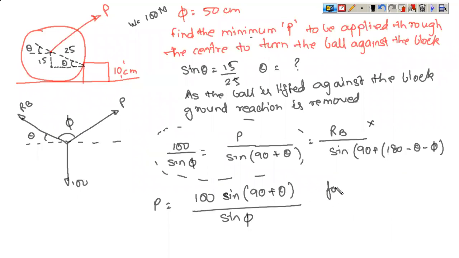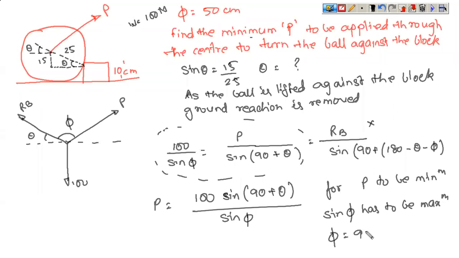So you have to again write a statement that for P to be minimum, sine phi has to be maximum. So phi is 90 degree. So put here sine 90, you will get the value of P and your job is done.